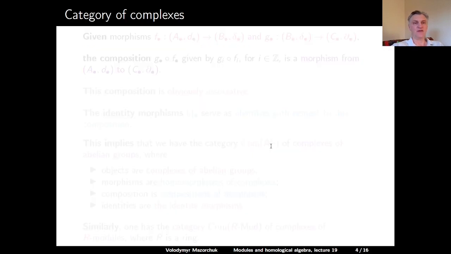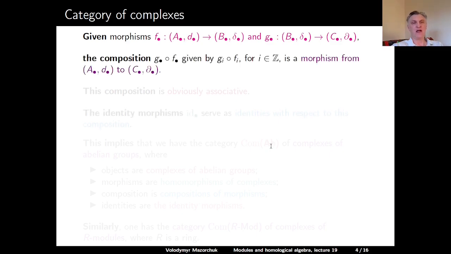Next, we can define the category of complexes. Given a morphism f_• from a complex A_• to a complex B_•, and a morphism g_• from the complex B_• to some other complex C_•, we can compose g after f by composing g_i after f_i for each integer i.